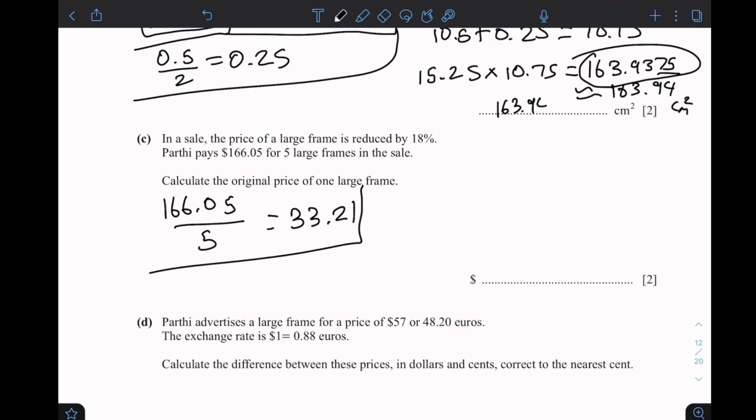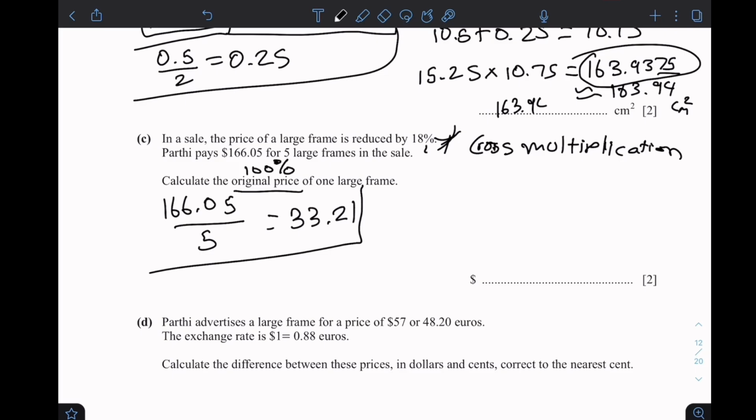There's actually a trick to solving this without remembering various formulas. You can use cross multiplication. There was an original price, and original means 100% of the value.